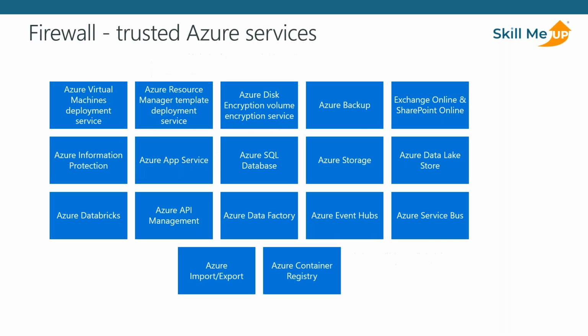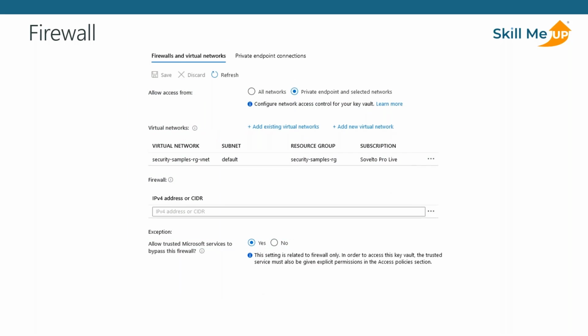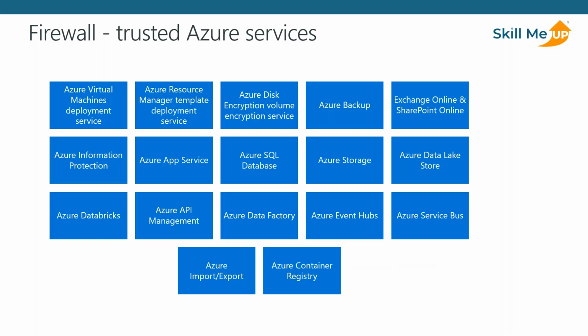Okay, there was this small bit here. Sorry about this. So in here we have this option to allow trusted Microsoft services to bypass this firewall. And this is something that we quite often need to consider. If you look at the list, you'll see that, for example, Azure Resource Manager ARM template deployments are part of that list.